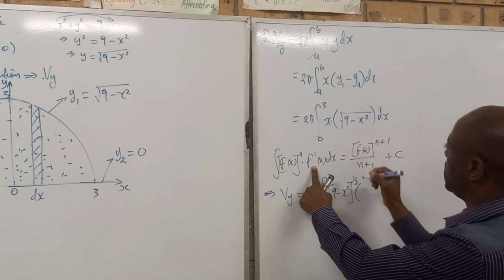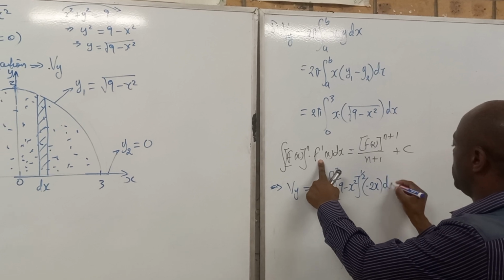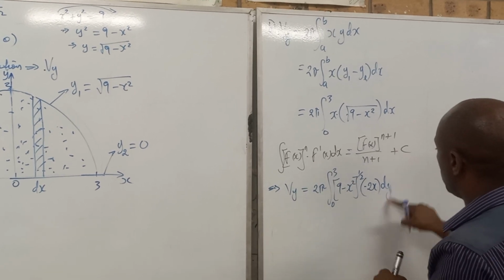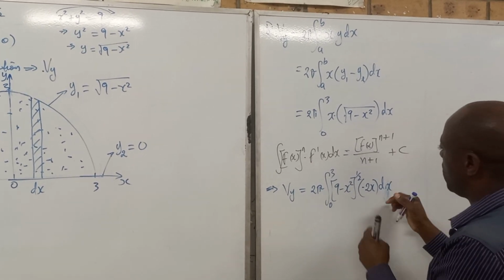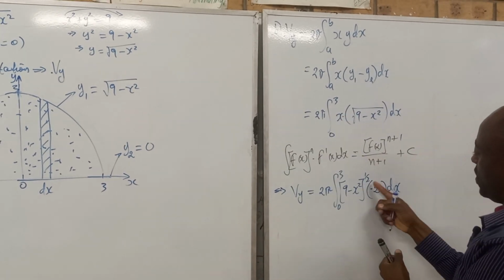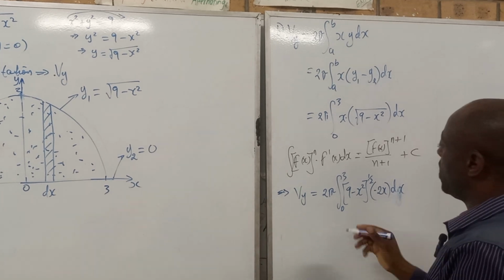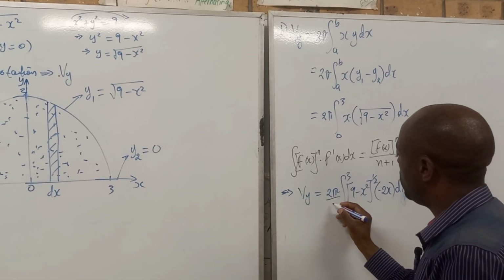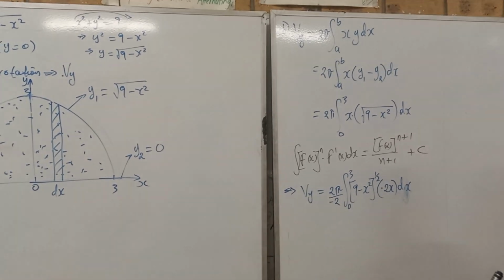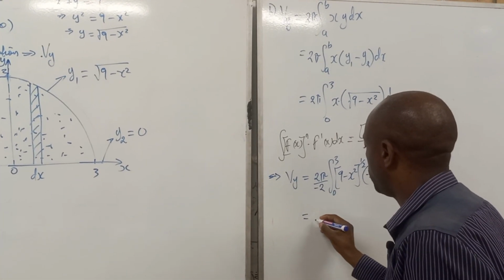If I differentiate 9 minus x squared, it gives me -2x. Before I get out of the formula, I must confirm whether what I've written here is still the same thing as there. You see that there is a small difference of -2. So I need a number that can take care of the -2, which is -1/2 outside. So my u substitution is finished.